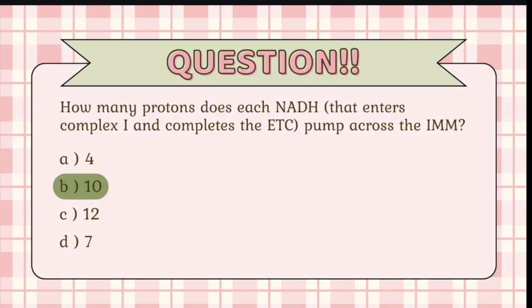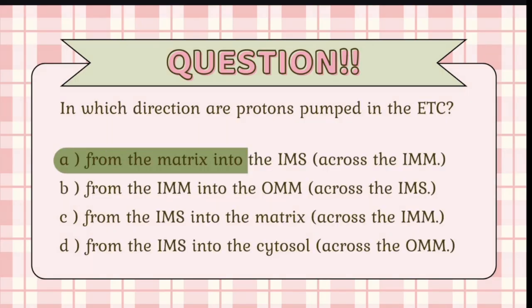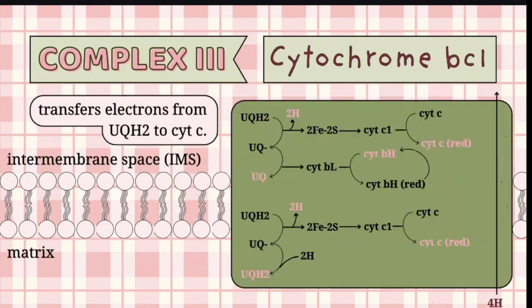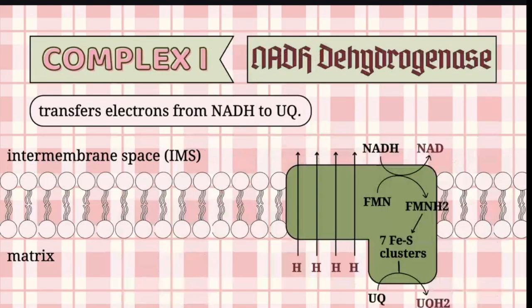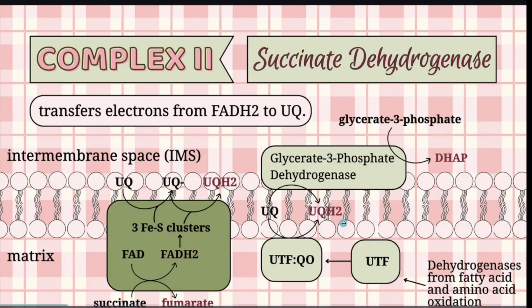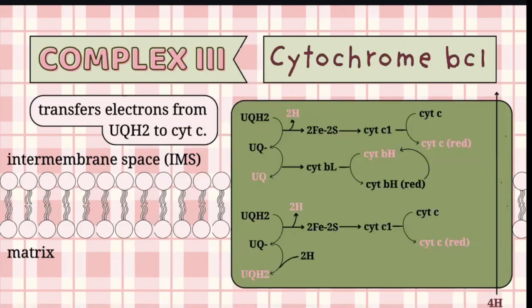Okay, so let's count. Basically, starting from NADH, when NADH enters the ETC, it starts in complex 1, right? So we're gonna pump 4 protons across complex 1. Now, complex 2 doesn't pump anything, and complex 3 will pump 4 protons per Q cycle.